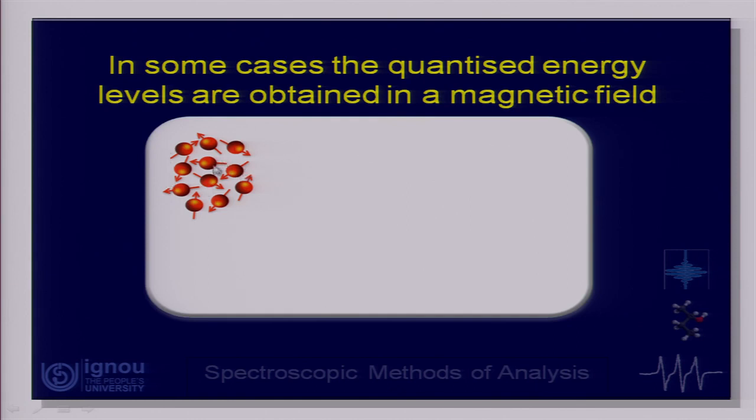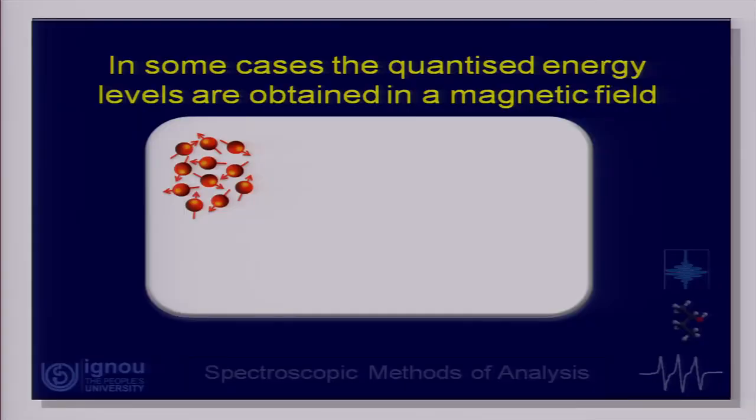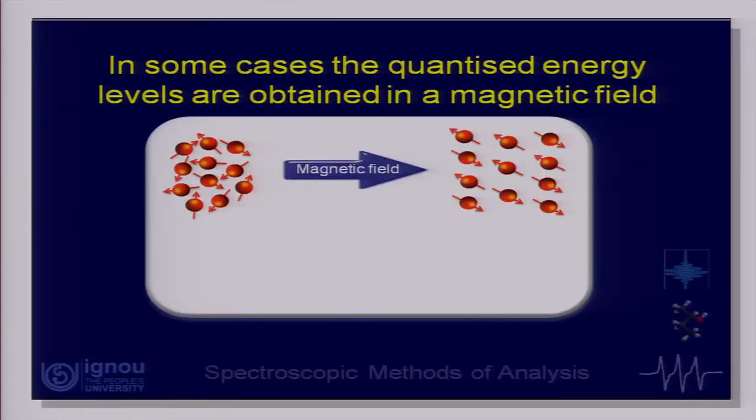Now, if you have this kind of system, they are initially randomized. That means the nuclear spins are oriented in all possible directions, and the electronic spins also are randomly oriented. But if I apply a magnetic field, then the nuclear or electronic spins can either align with the field or against the field, because that is the effect of the field.